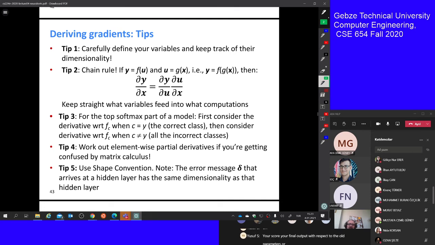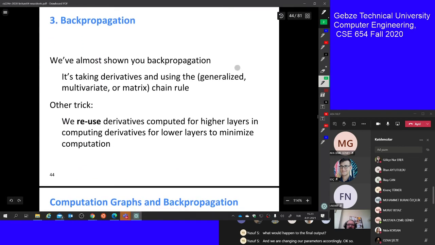Basically, we are using the chain rule from the output of your network back to the parameters, and we are finding formulas for what happens to the final output if I change a parameter a little bit, and we are changing our parameters accordingly. Now we have powerful enough tools in our hands to do the backpropagation, to do the training.